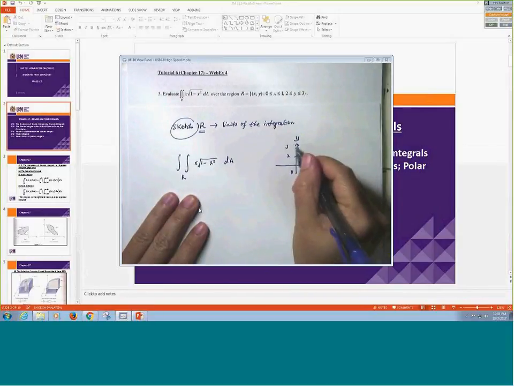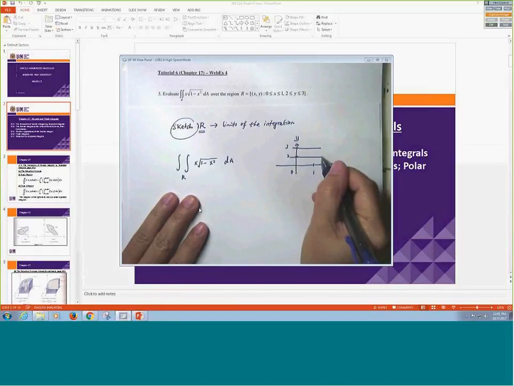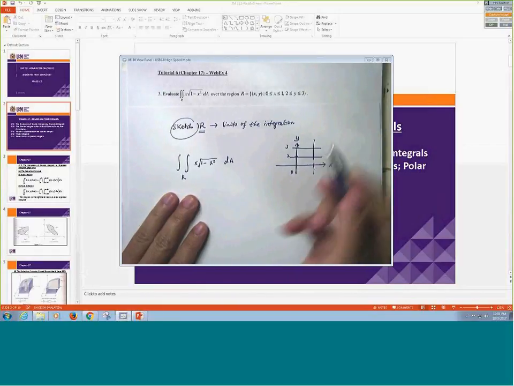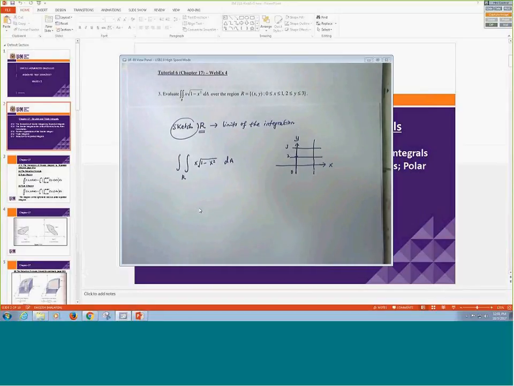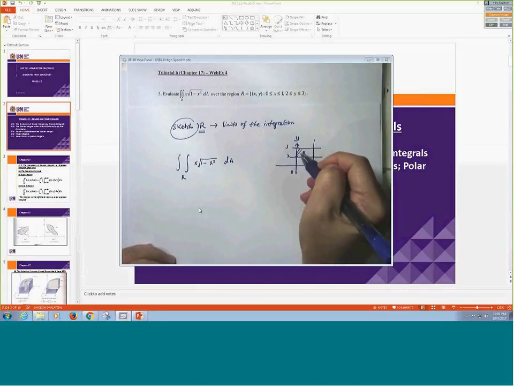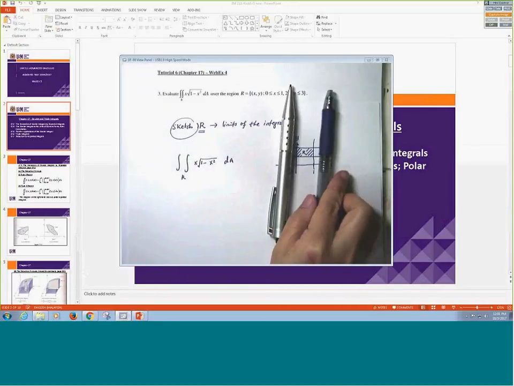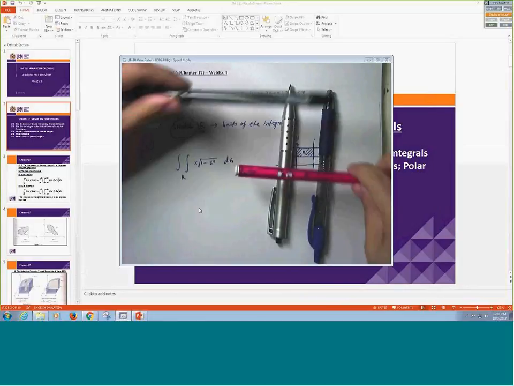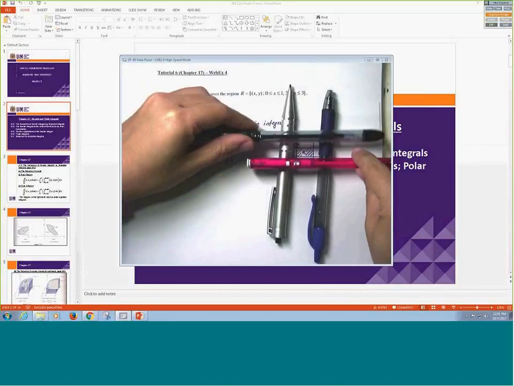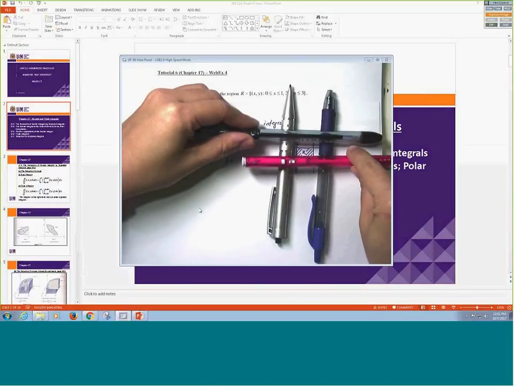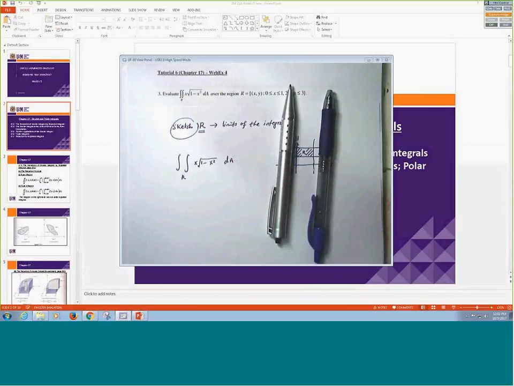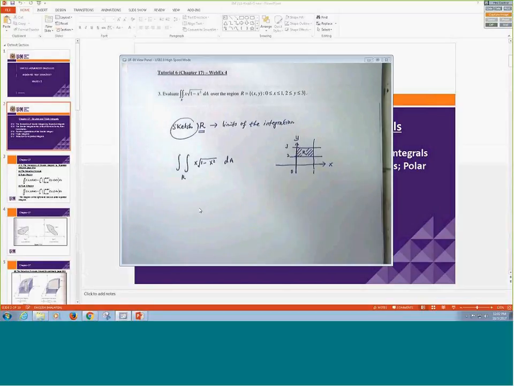So the enclosed region, bounded by these 4 lines, is a rectangle.